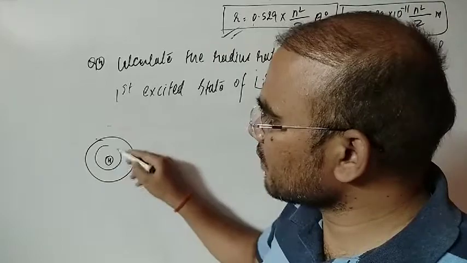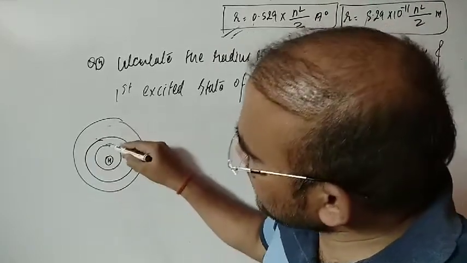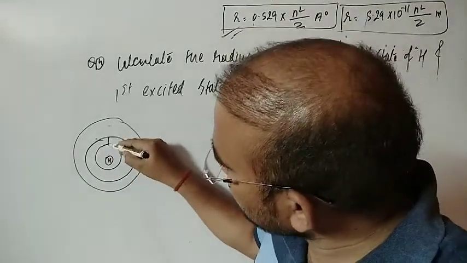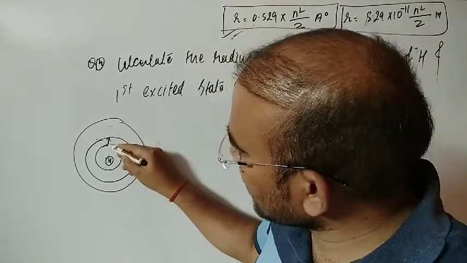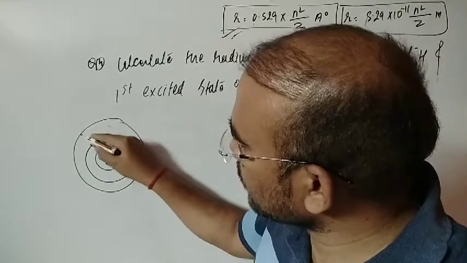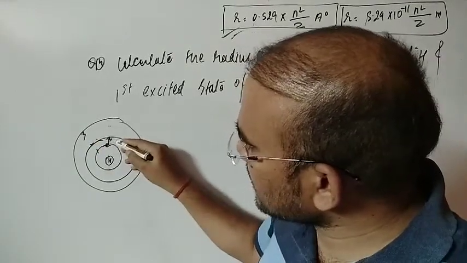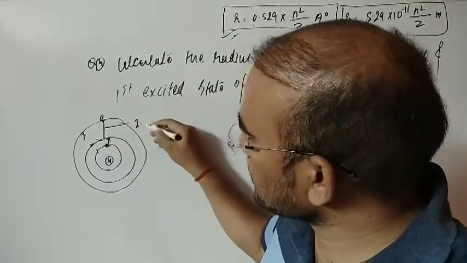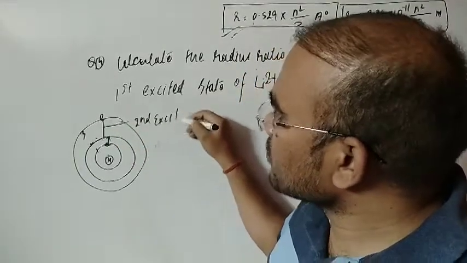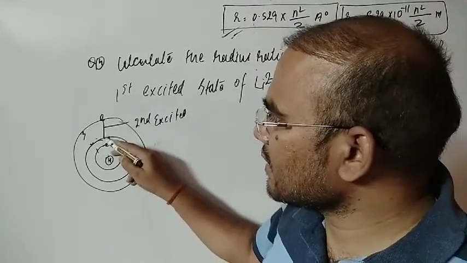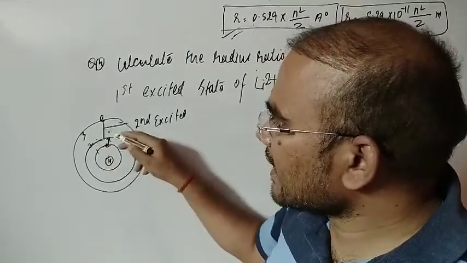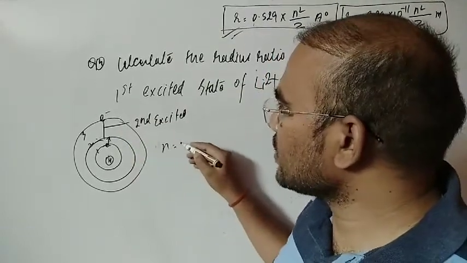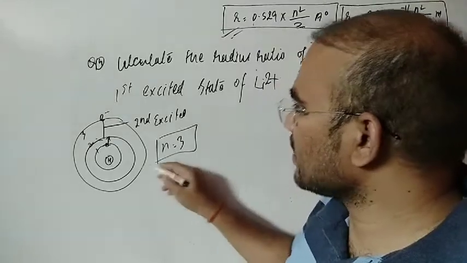Suppose this is the first and this is the second. The first excited state means the first orbit after the nucleus, so the electron is jumping to n equal to 2. In the second excited state, the electron will jump to the third orbit. So here n is equal to 3.